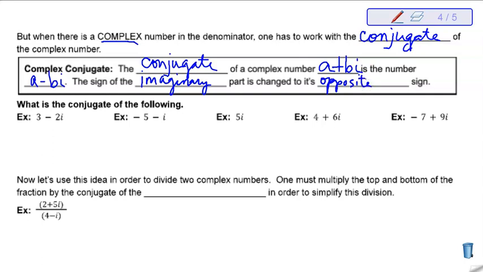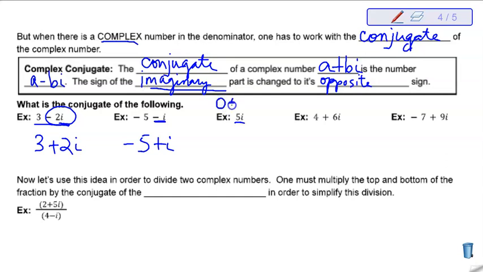So I have a couple examples here for us to practice. If I have the complex number 3 minus 2i, the only thing that's going to change is the sign of the imaginary number. That becomes 3 plus 2i. If I have negative 5 minus i, negative 5 plus i is the conjugate. This is an imaginary piece, therefore I should be able to change it to its opposite.